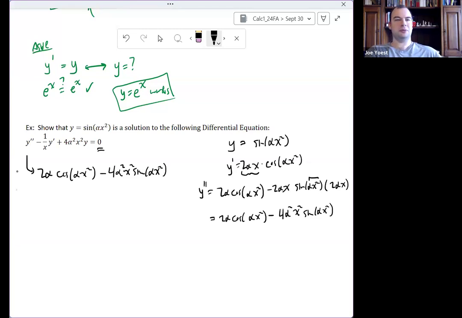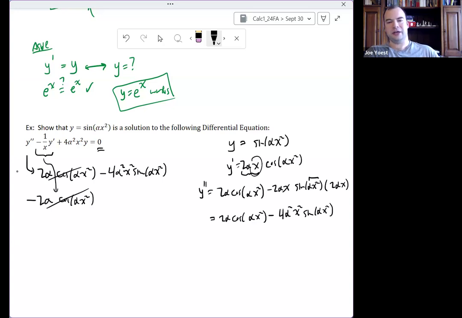So that's my y double prime term. Minus 1 over x y prime. Well, that's minus 1 over x gets rid of this factor of x, 2 alpha cos of alpha x squared. So this bit came down here.